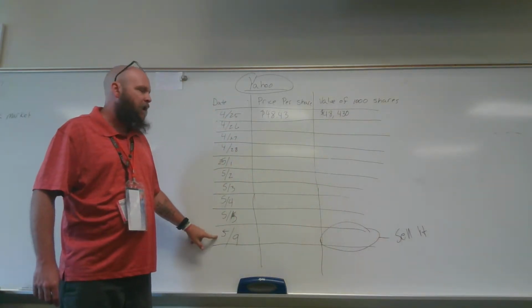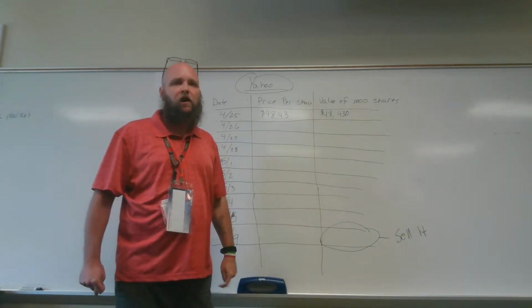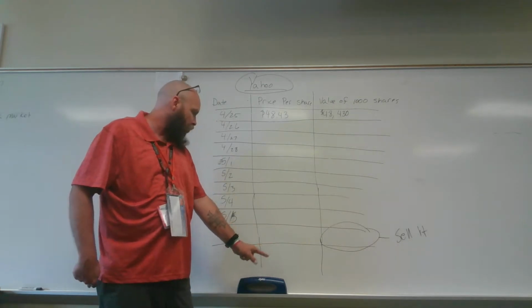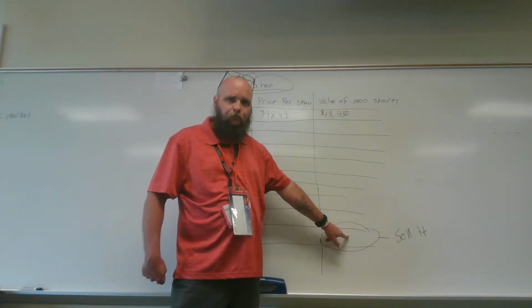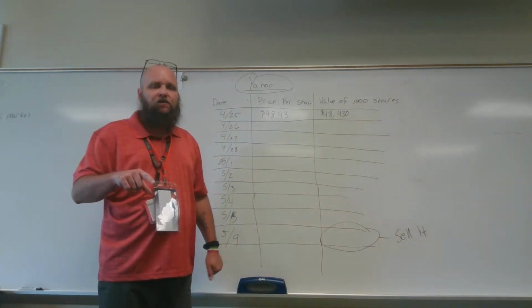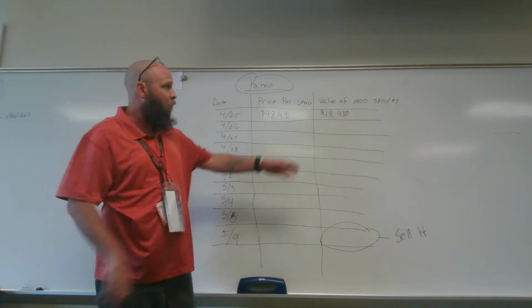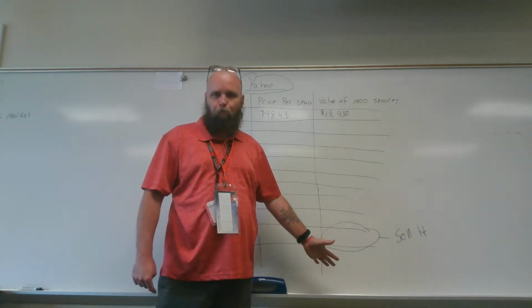Now, on May 9th, we're going to sell our 1,000 shares. So, whatever the value of one share is, times 1,000, that's how much you're going to sell your stocks for. At the end, we're going to see, did you make money or did you lose money?